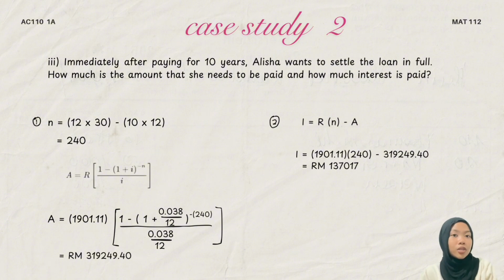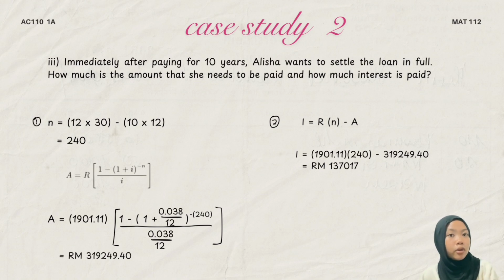So R is equal to 1901.11 in bracket 1 minus (1 plus 0.038 over 12) power of negative 240, over 0.038 over 12. So Alicia needs to pay RM 390,249.40.